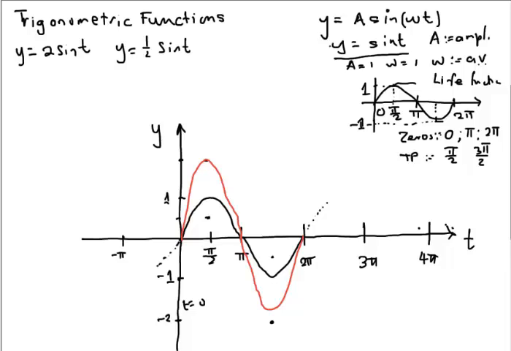Now let's look at that kind of function. Do you see what's happening, guys? The amplitude is smaller, the wave height becomes smaller.